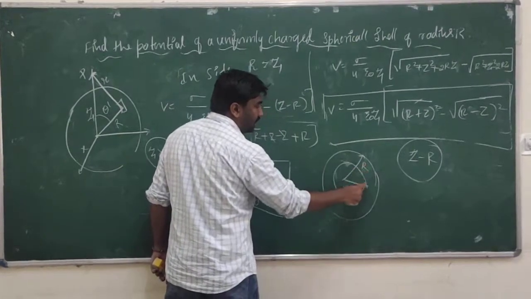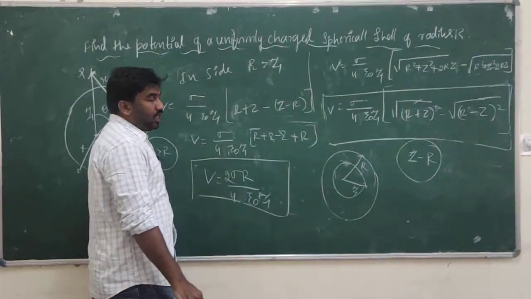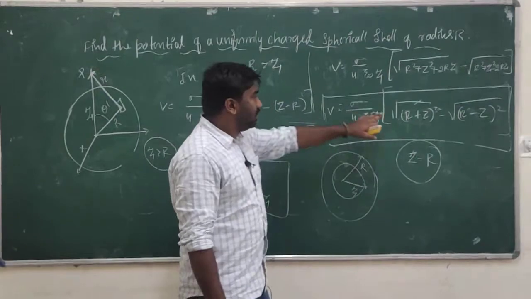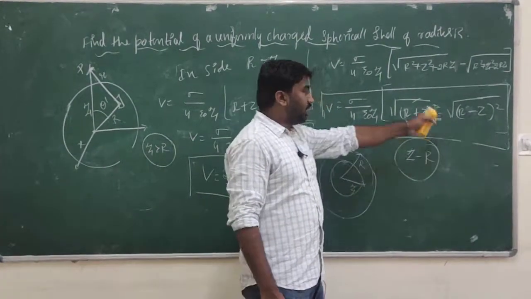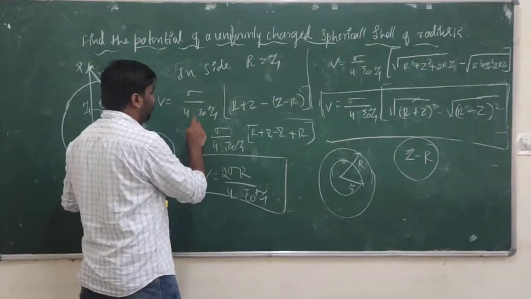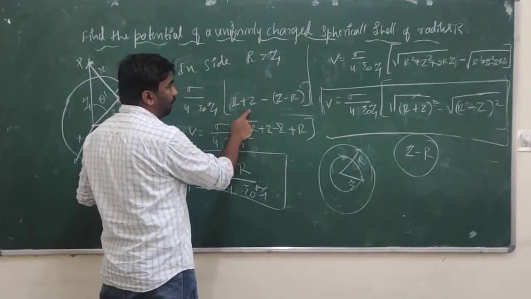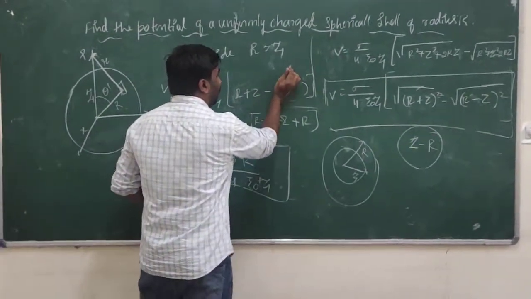So here r is greater than z. When r is greater than z, this equation does not create any problem, so write it as it is: sigma divided by 4 pi epsilon naught z into r plus z minus r minus z.